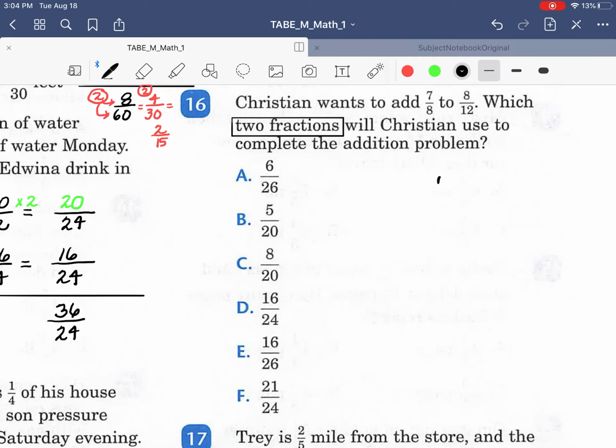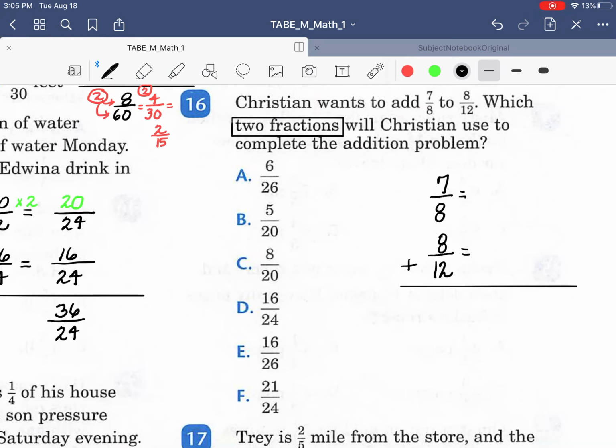So we need to choose two answers for this one. And our fractions are 7/8 and 8/12. And unfortunately, the 12 will not work on this one.